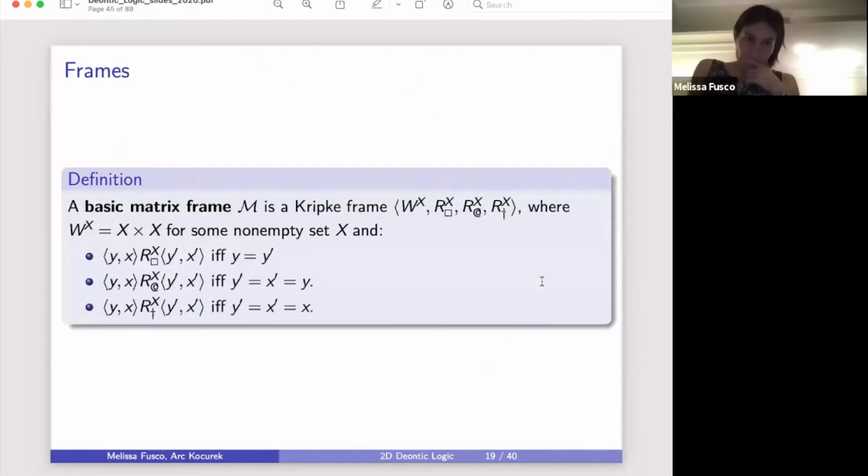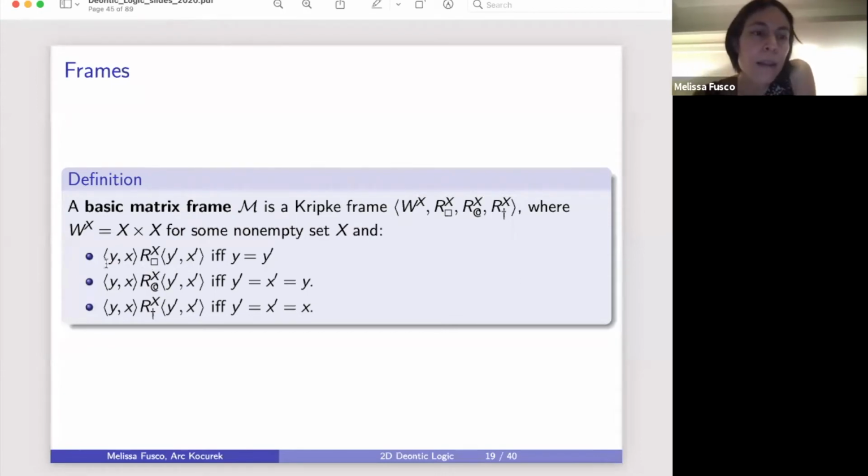Okay, sorry, I guess I have that picture everywhere. So start with frames. I want something that looks kind of like the Stalnaker matrix. So let's say a basic matrix frame. I'm taking these definitions from Peter Fritz. It is a Kripke frame W_X, R square X, R actually X and R dagger X, where W_X is some X by X array for some set X, let's say non-empty.